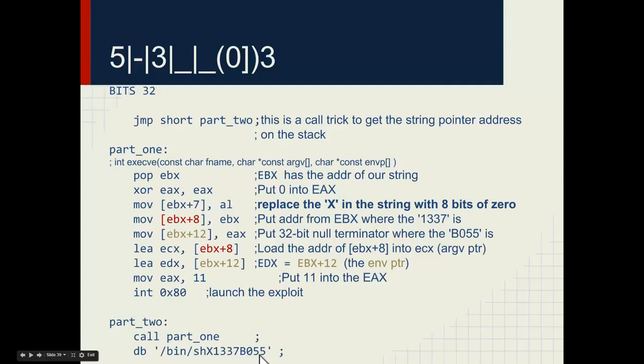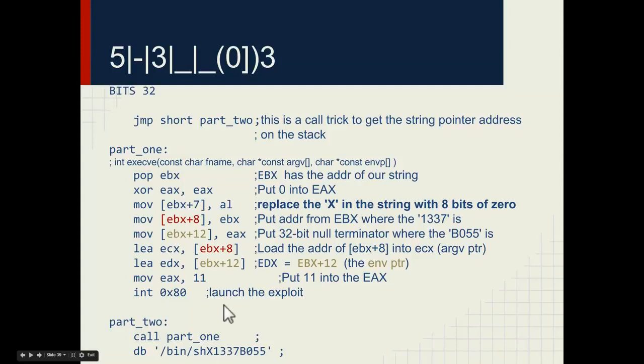We now overwrite all of B055 with a null terminator. So it's completely null terminated. So we now load the effective address for EBX plus 8 into ECX. So ECX is now pointing to where 1337 has been overwritten.